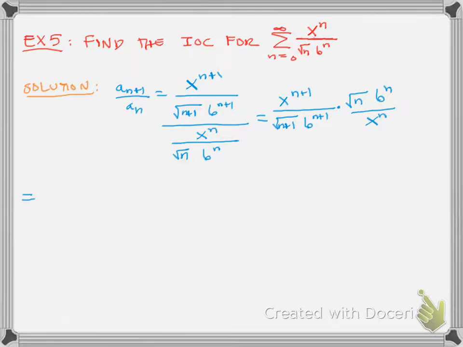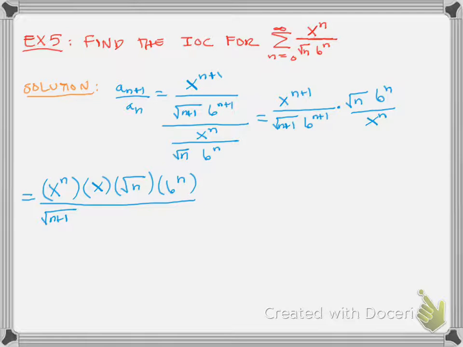And that simplifies, again, properties of exponents. It's all multiplication, so we can bring it all on one line. The top will be x to the n times x times the square root of n times 6 to the n. And then in the denominator, square root of n plus 1 times 6 to the n times 6 times x to the n.